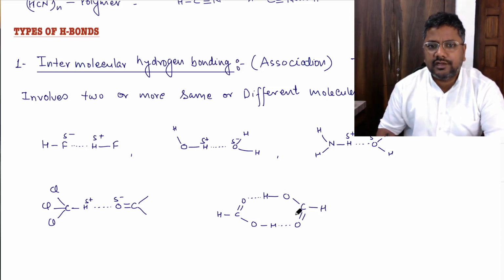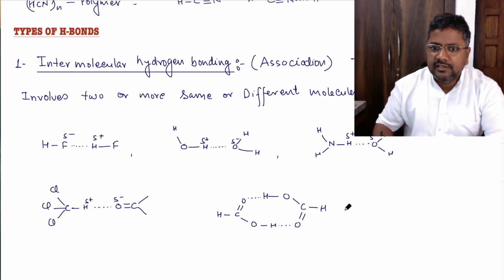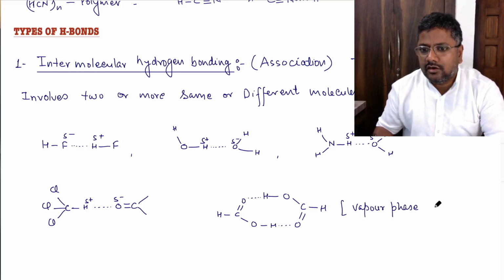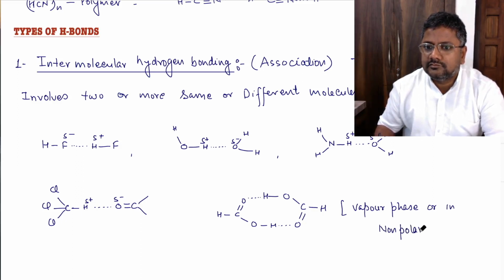So this is also called intermolecular hydrogen bonding. This hydrogen bonding we are getting in vapor phase, or in non-polar solvent.